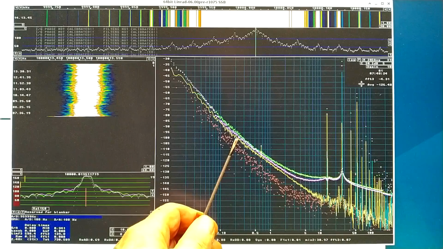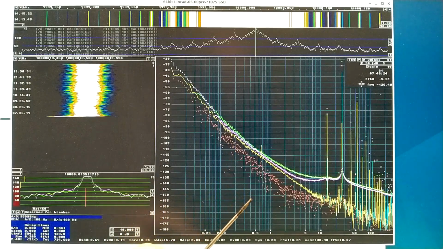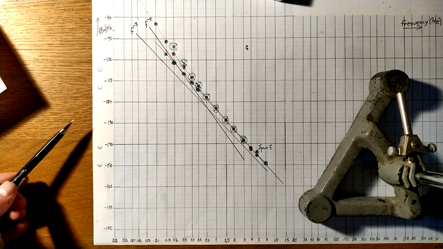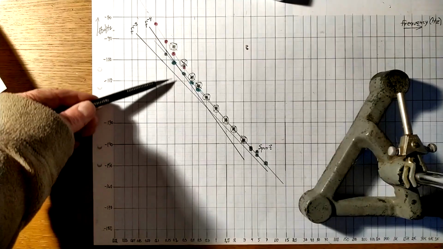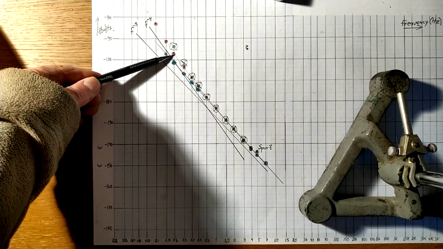That's 10 decibels down. This is after 7.5 hours about. Minus 98 at 0.2 Hertz. That's here. That's about 4 decibels more noise than I had earlier in this video.